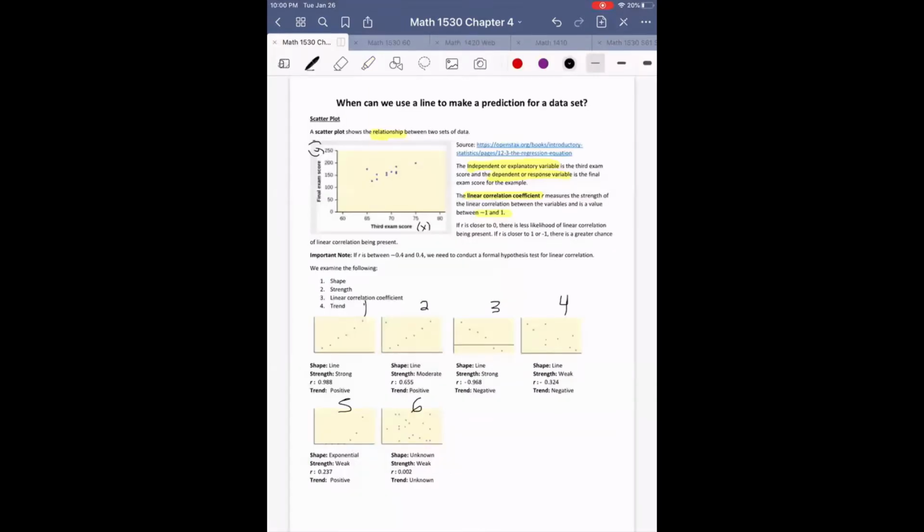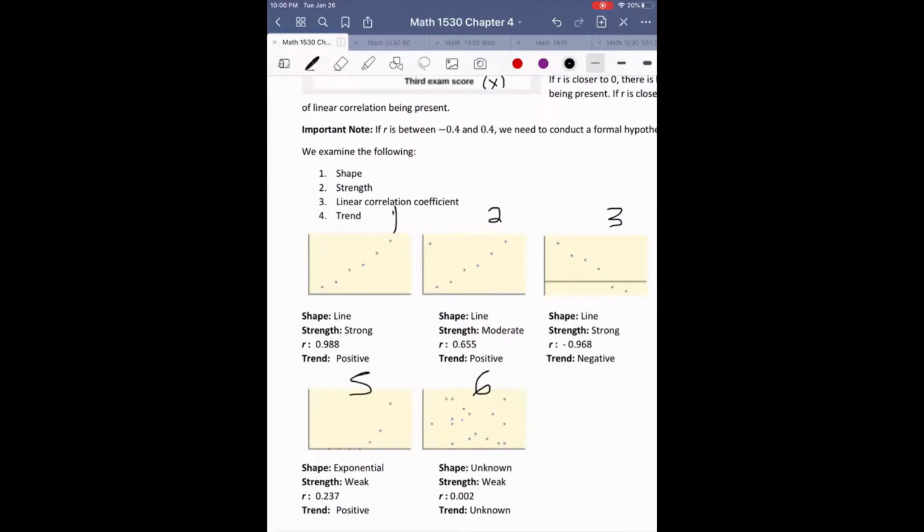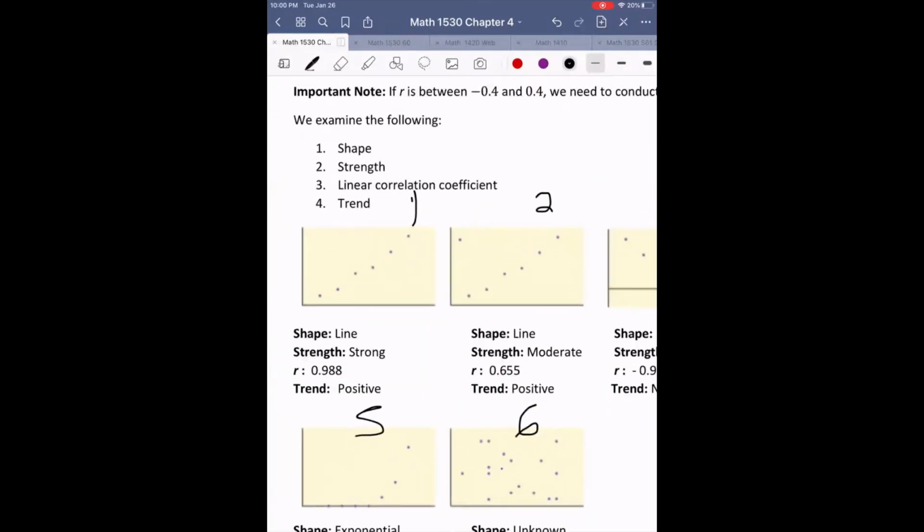Let's take a look at some examples of scatter plots. Again, the big question that we're trying to answer is, when can we use a line to make a prediction? Another way of thinking about this is, when would it be appropriate to use a line to approximate the relationship?